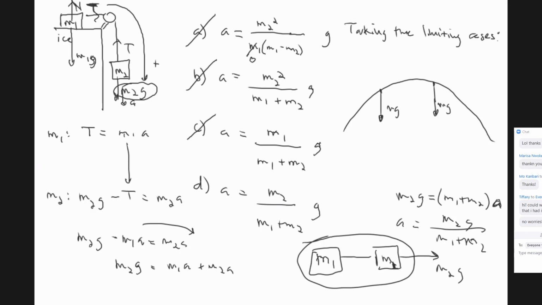Does that make sense? I think I'm gonna sit on it and see if I understand it. If I don't, I'll ask you again. Yeah, it's because this mass of M1 is just dead weight that's dragged along, where there's no net force pulling down due to gravity because it's being canceled out right now because it's at rest.